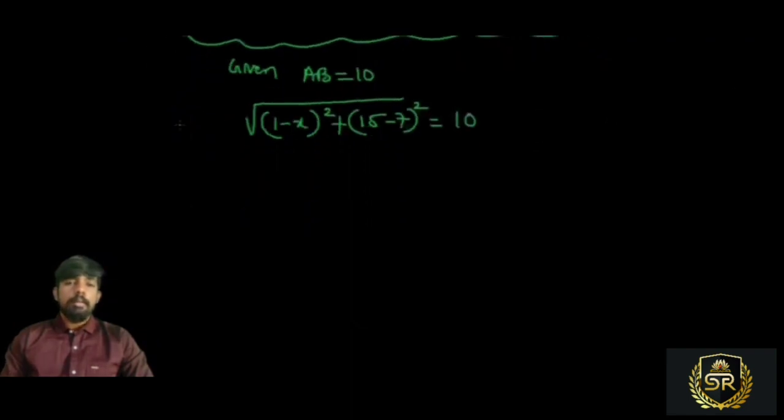Okay, in order to remove the square root, squaring on both sides. So (1 minus x) whole square plus (15 minus 7), how much is that? 8, right? 8 square is equal to 10 square.